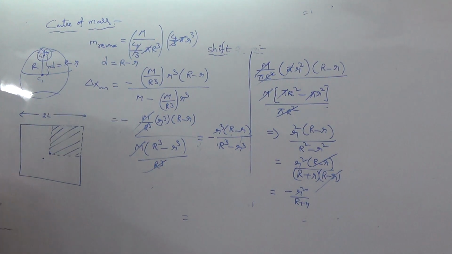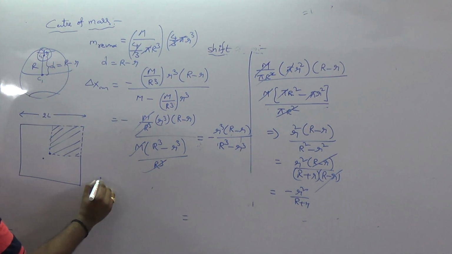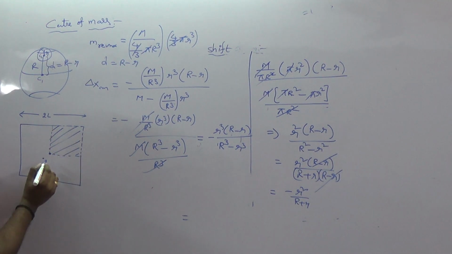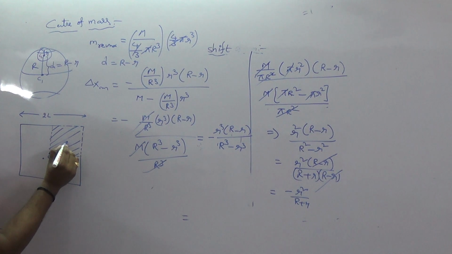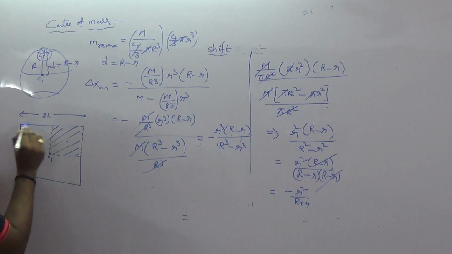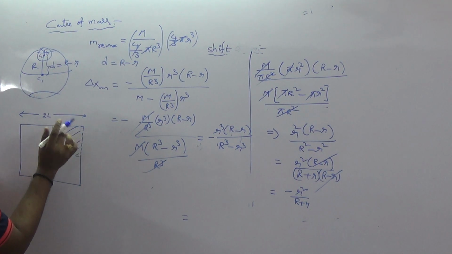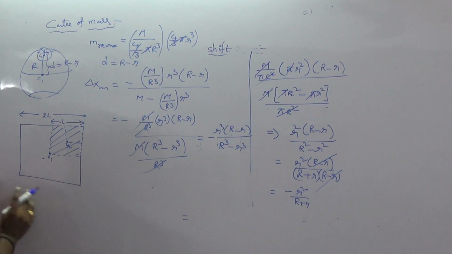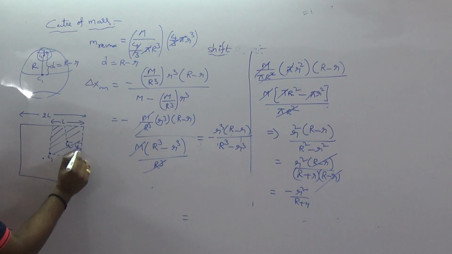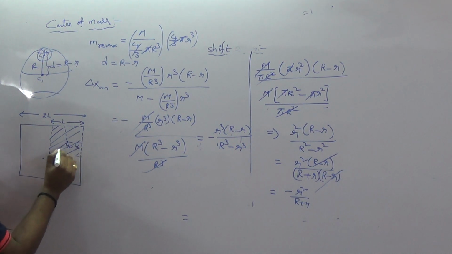What is the shift in center of mass? Using the same formula, delta xcm equals removed mass like that. This is the C1 for this part only. The center of mass is exactly here. So this is 2l. This part becomes L. So the coordinates of the center of mass here are L by 2 and L by 2. So from here to here, what is the distance?